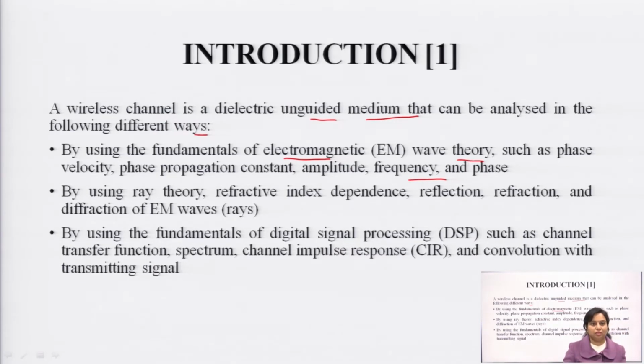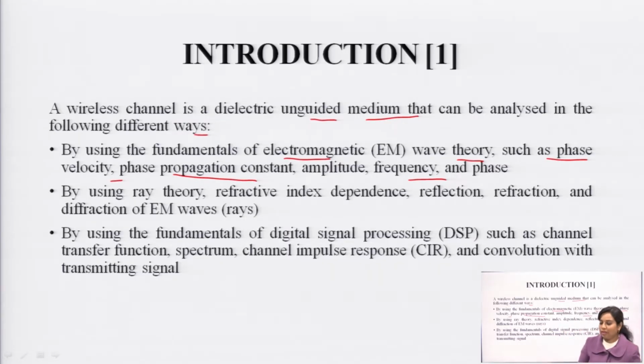So, we can consider parameters like the amplitude, phase and frequency of the signal which travels from transmitter to receiver. Also, we can use phase velocity and the phase propagation constant, which is directly related to the electromagnetic spectrum.